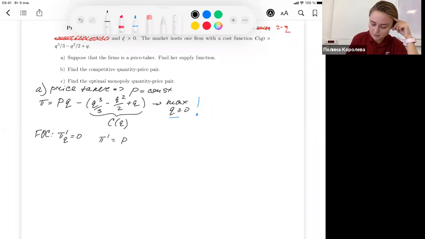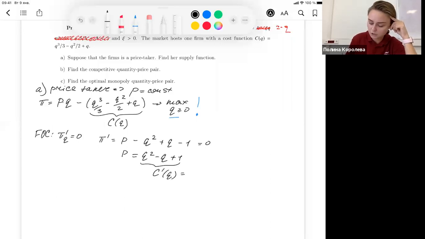Price is constant, minus q squared plus q minus 1. This should be equal to 0, or price equals q squared minus q plus 1. So this is exactly the derivative of total costs, and we call it marginal costs. And this is price.